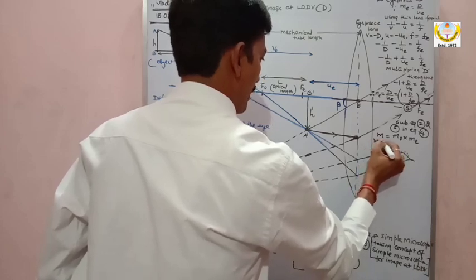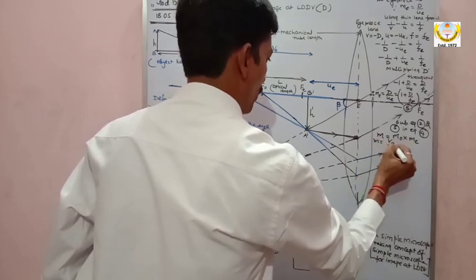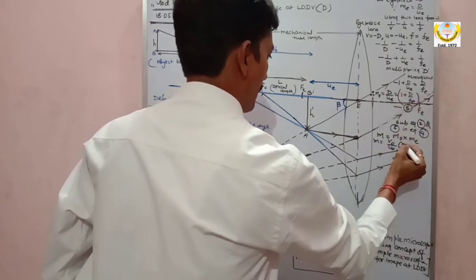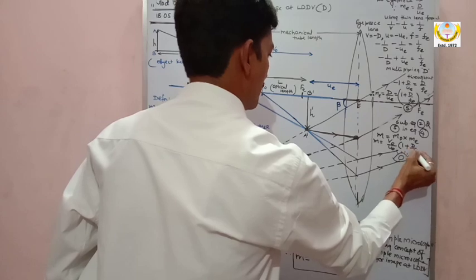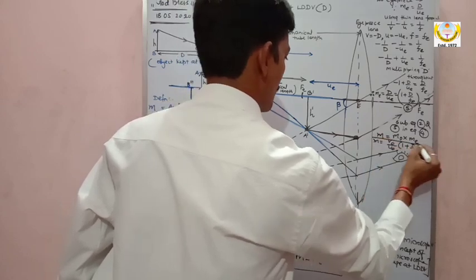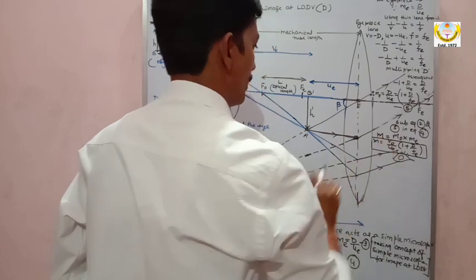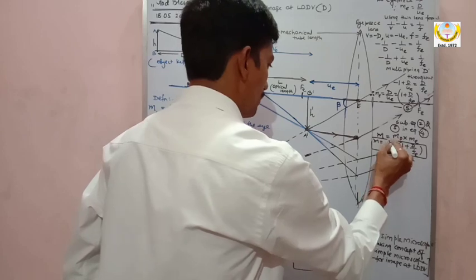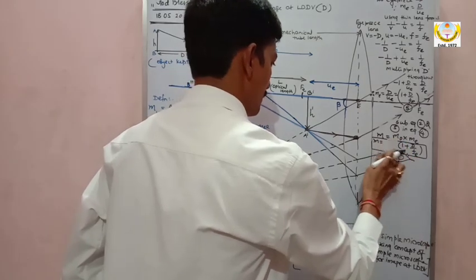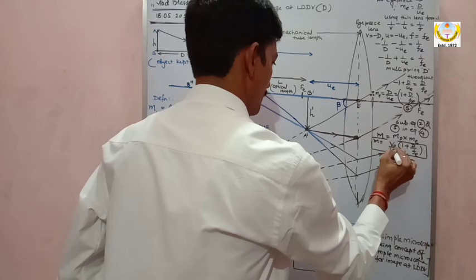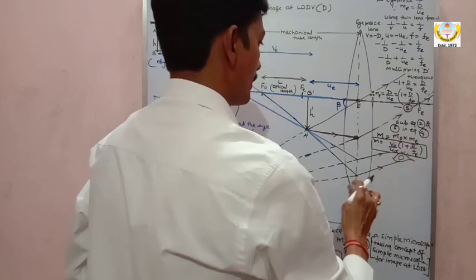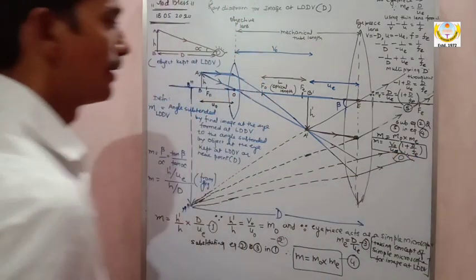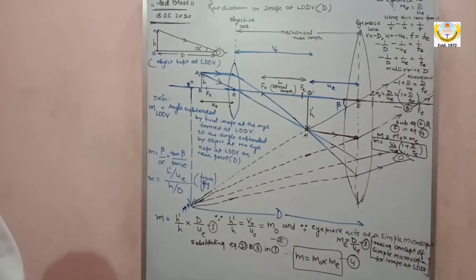Therefore M is equal to, what is MO? VO by UO. And ME I got as 1 plus D by FE. You can see, the answer for the question will be VO by UO into 1 plus D by FE. This is the final answer.